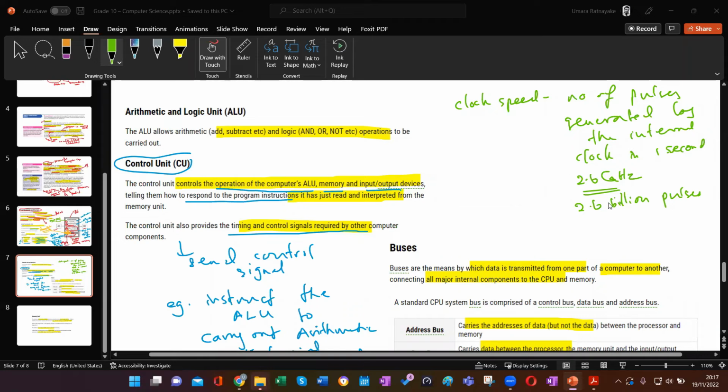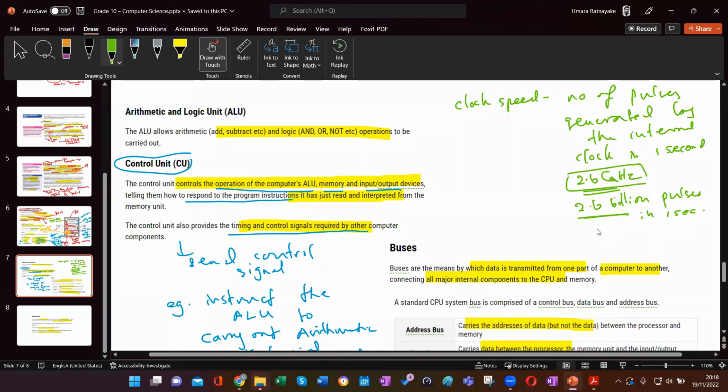So it generates 2.6 billion pulses in 1 second. If you have 4 cores, and each core is running at 2.6 gigahertz, now you can imagine the overall speed. Remember, each core has a clock, and each clock will generate 2.6 billion pulses per second.